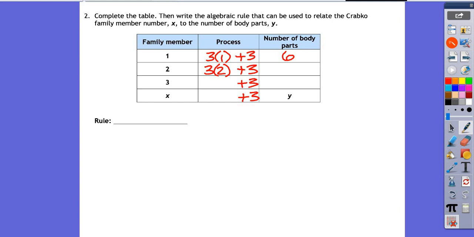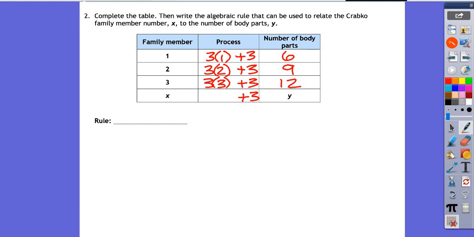Which gave it a total number of body parts of how many? 9. The third member had its arms and its head, or whatever it was on top. How many sets of 3 for its core? 3, and it gave me a total of 12.